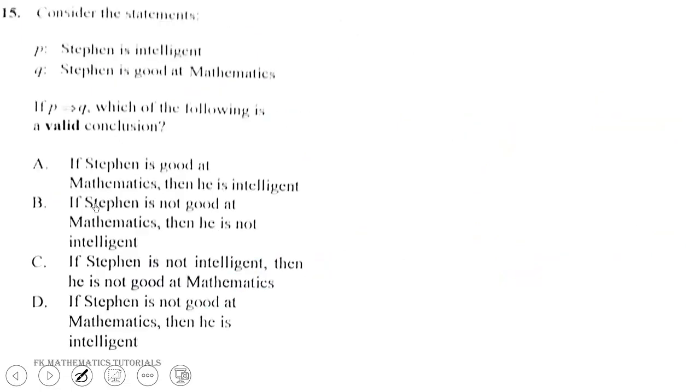Consider the statements P: Stephen is intelligent. Q: Stephen is good at mathematics. If P implies Q, which of the following is a valid conclusion? P implies Q is equivalent to negation of Q implies negation of P. So negation of Q means Stephen is not good at mathematics.